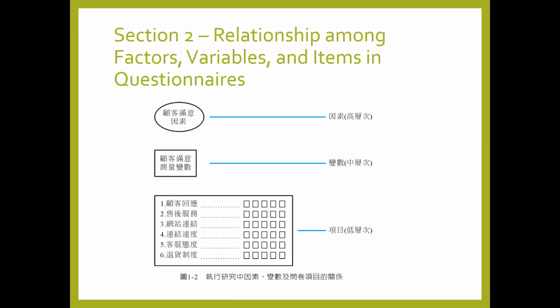And remember, in section 2, you have to distinguish between the factors, variables, and items in questionnaires, and their relationship. Remember, the higher level is a factor. A factor is like a circle. In the middle is called a variable, the middle level.